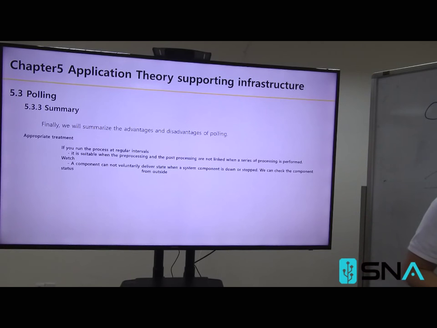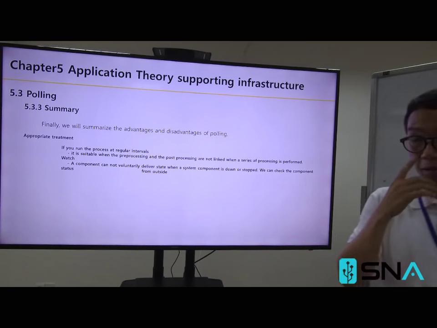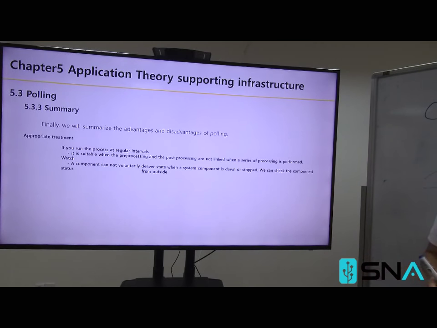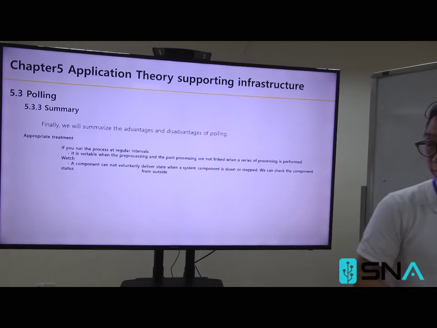Watch. A component cannot voluntarily deliver status. When a system component is down or stuck, we can check the component status from outside. So we can check when using monitoring.